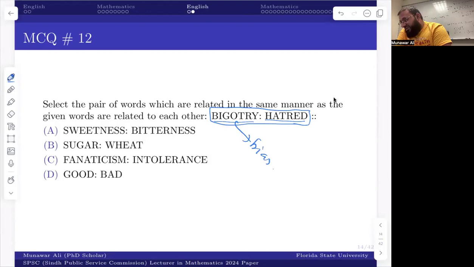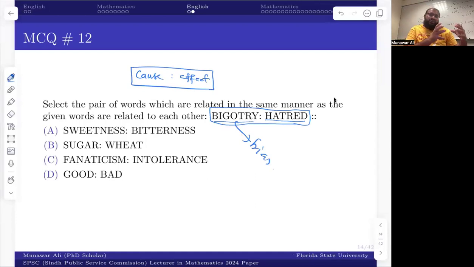So what is the relationship? This is some sort of cause and effect. The cause is biasness, and if you are biased toward one group of people, it will create hatred for some other group of people. So the cause gives some sort of effect.